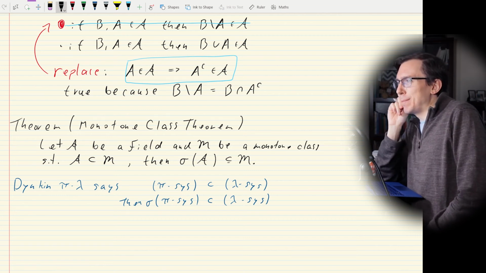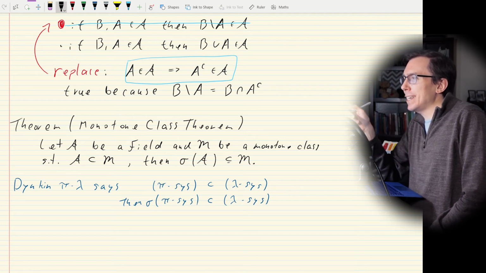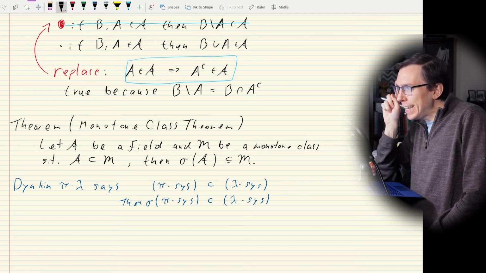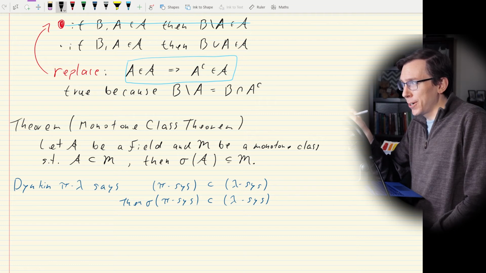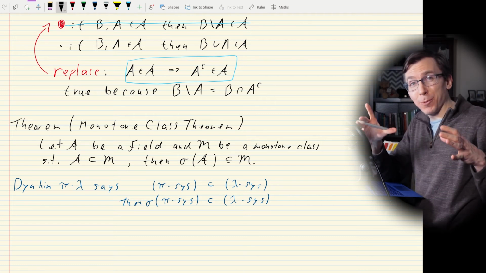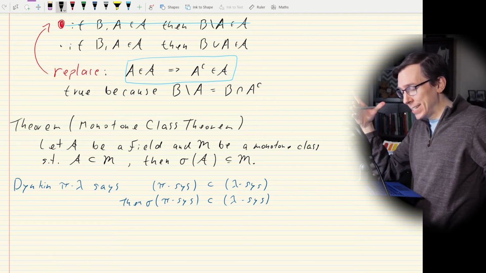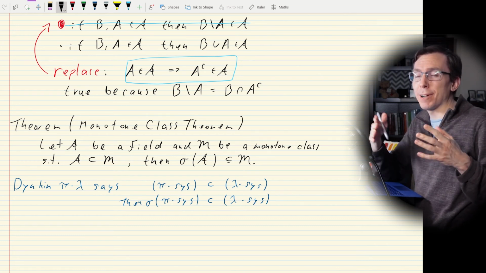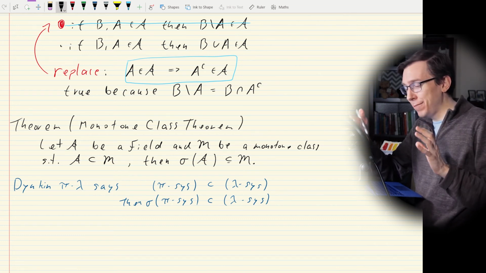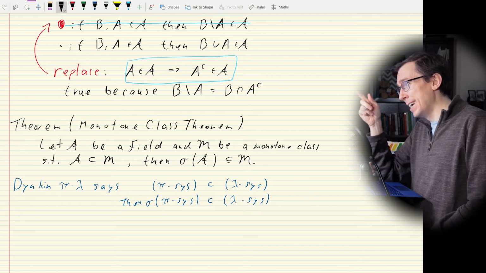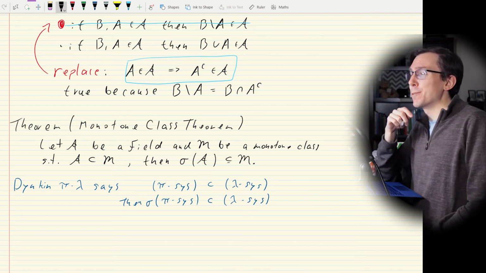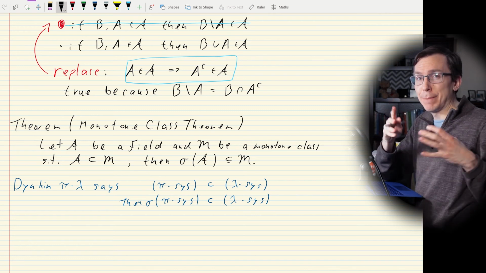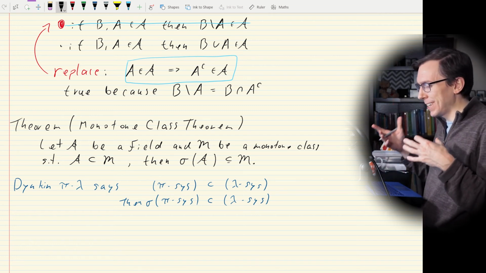Now, which way does it go? I believe in this case the input is stronger than Dynkin pi-lambda. We have to start with a field, not just a pi system. A pi system only has one condition: I'm closed under intersections. A field has a lot of rules. But monotone classes are more general than lambda systems; lambda systems have more rules than monotone classes.